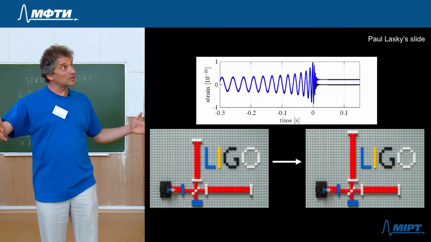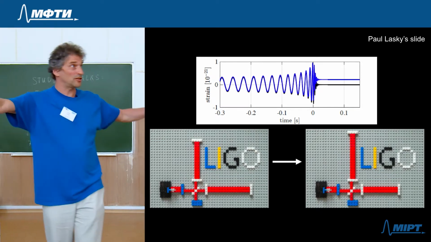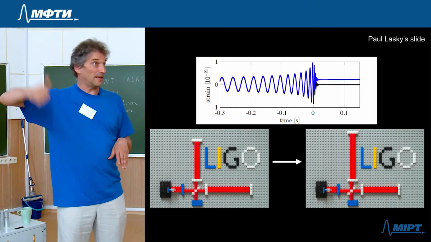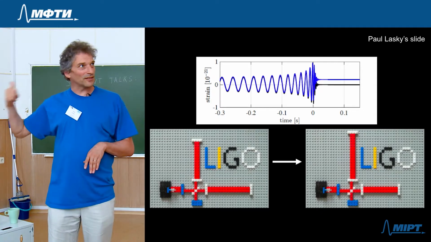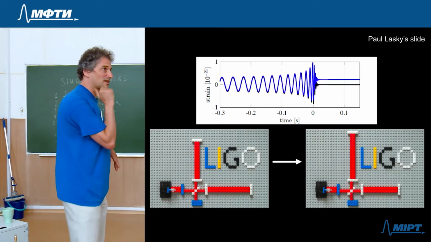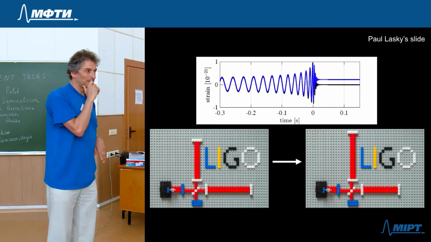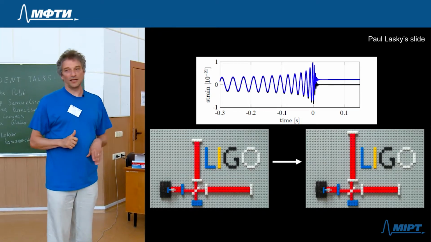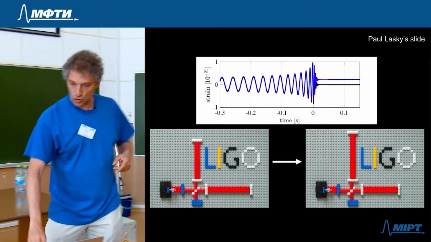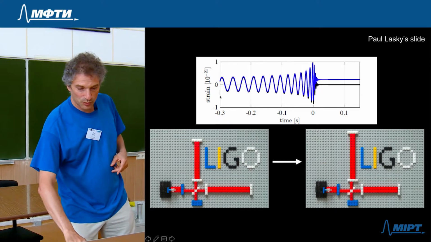You have always a restoring force. Even if you try to change the length, you always have a restoring force from the pendula. And yet, this effect is measurable. Okay, I'm telling you, this effect is measurable. So how can this be? Yes. There is a characteristic time. See this push that happens.